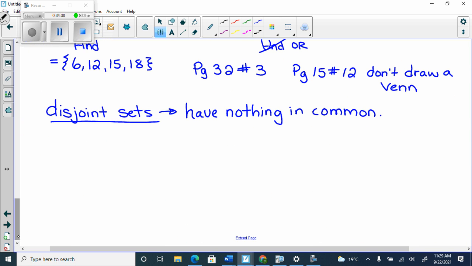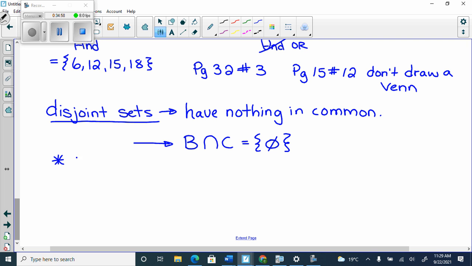So if I went above and I went B and C, what would it result in? What would B and C result in? An empty set. That's how you know they're disjoint. If you can do the intersection of two sets and you get the empty set, it's disjoint.